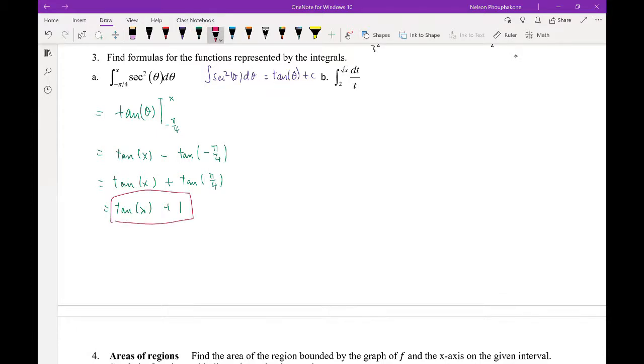Okay. Then how about this one? So I will have natural log of t evaluated between 2 and square root of x. Okay. Then in this case, I will have natural log of square root of x minus natural log of 2. Okay.